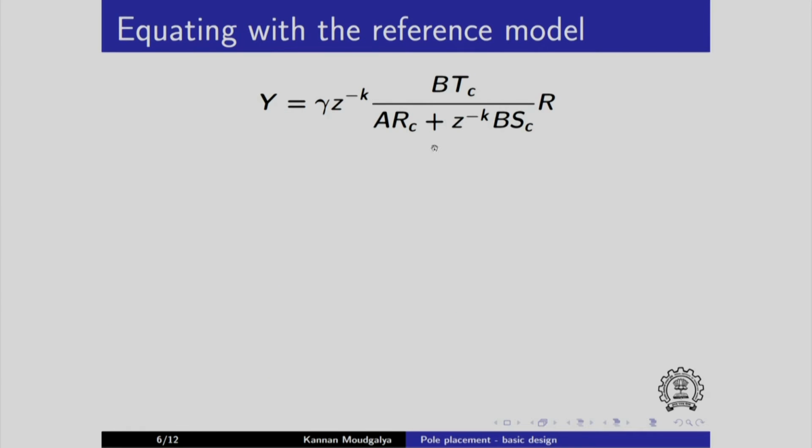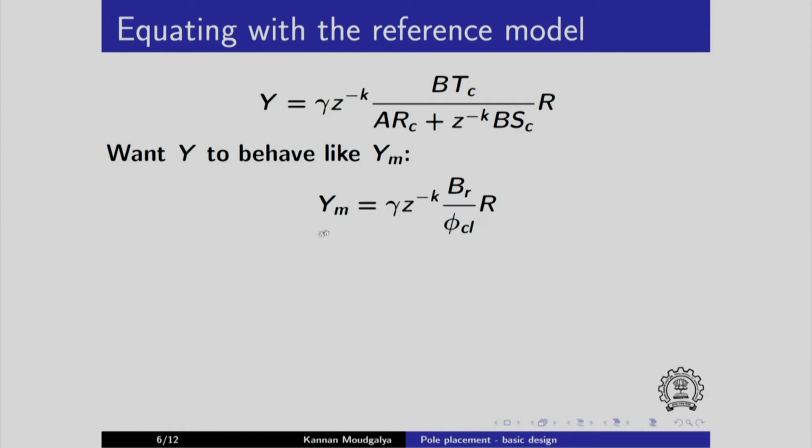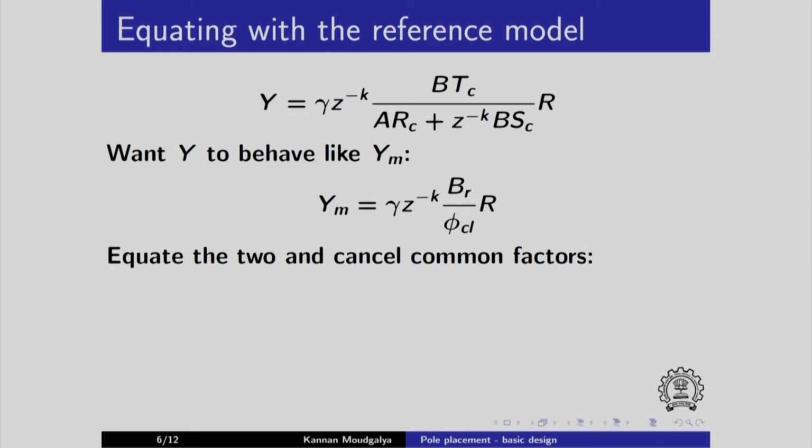Alright, let us start with the expression we obtained in the previous slide and then equate it with the reference model. We would want this y to behave like the model output ym given earlier. Notice that we have gamma here and also gamma here. So let us equate the two and cancel common factors. We can get rid of gamma z power minus k.